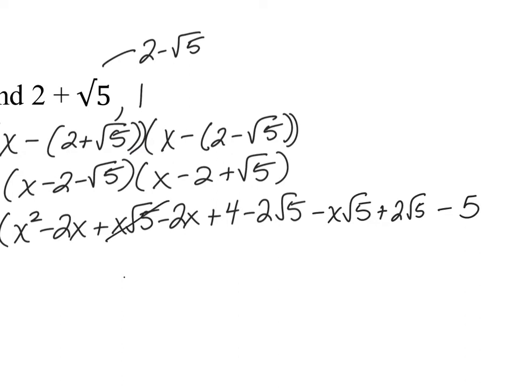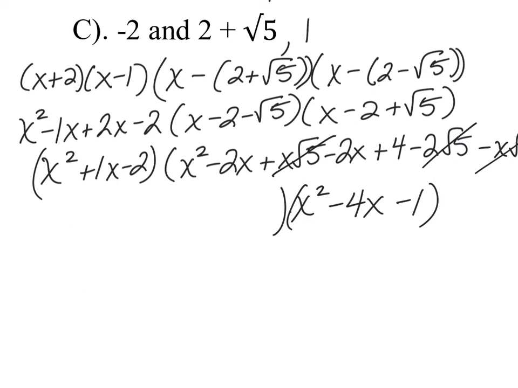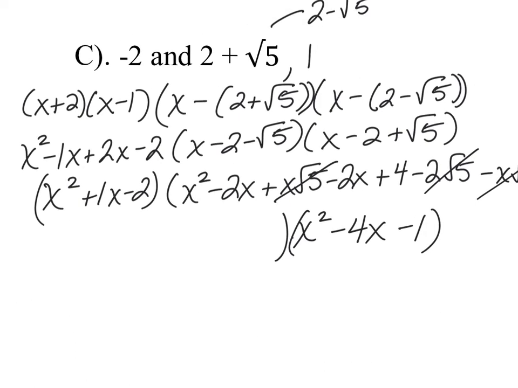So then we go through and we look and we need to cancel out. Let's see here, this and this. Then negative 2 square roots of 5 and positive 2 square roots of 5. So we'll have x squared minus 4x minus 1. And we're going to expand that with x squared plus 1x minus 2.